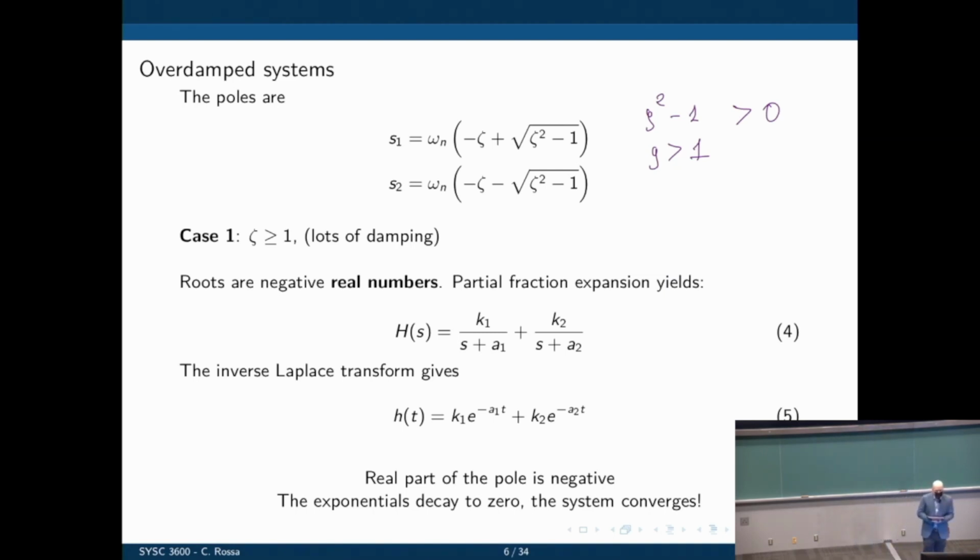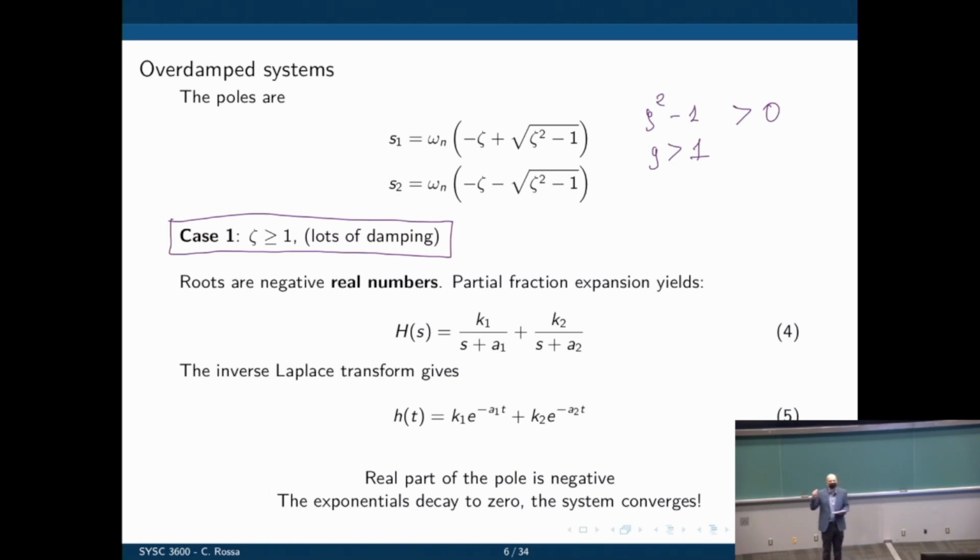So if zeta is greater than 1, zeta squared minus 1 is greater than 0. The result inside the square root is a positive number, which means that we have real roots. Poles are real. So the first case you're going to study is what we call the overdamped system. In an overdamped system, there is lots of damping, and that is characterized by having the damping ratio being greater than 1.